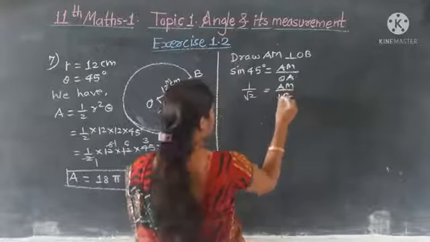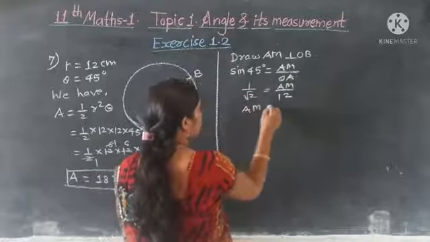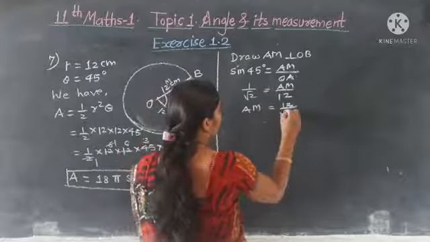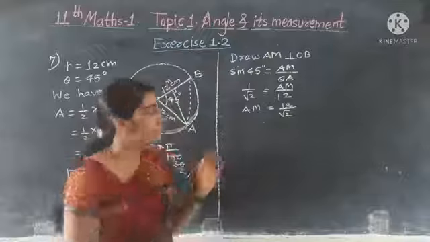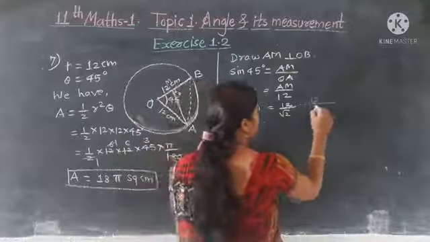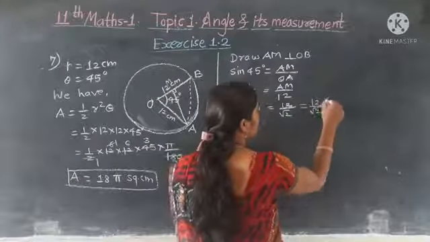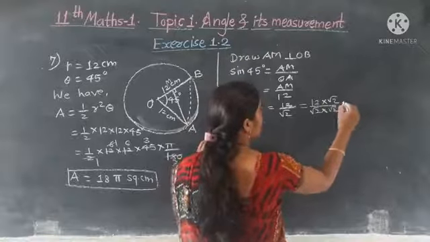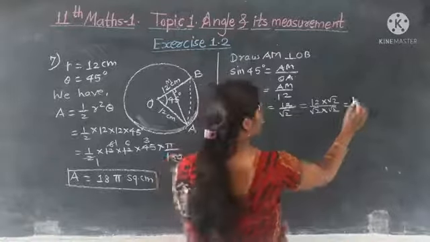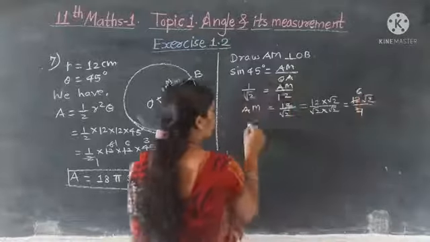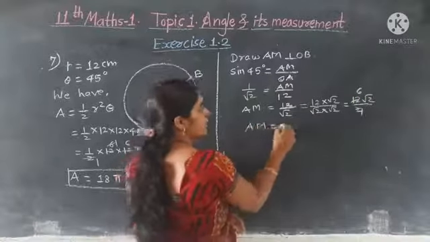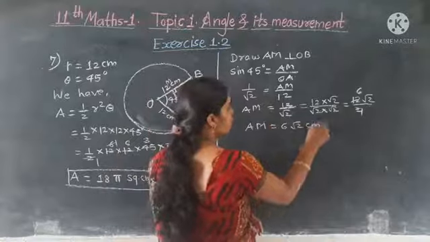OA is given 12. So we get AM is equal to 12 upon root 2. Okay, we get. So we write here 12 upon root 2 into root 2. We rationalize here 12 root 2 upon 2. We get AM is equal to 6 root 2 centimeter.